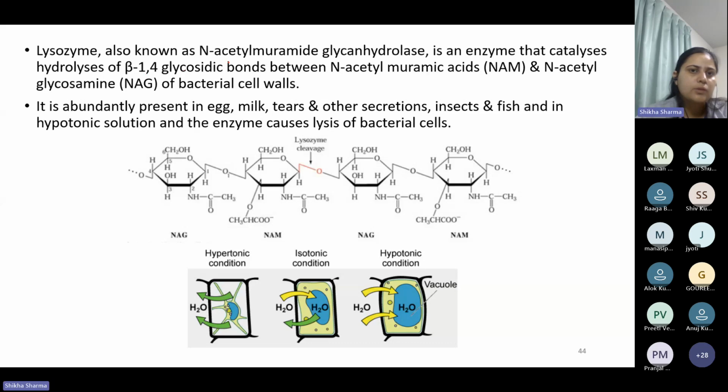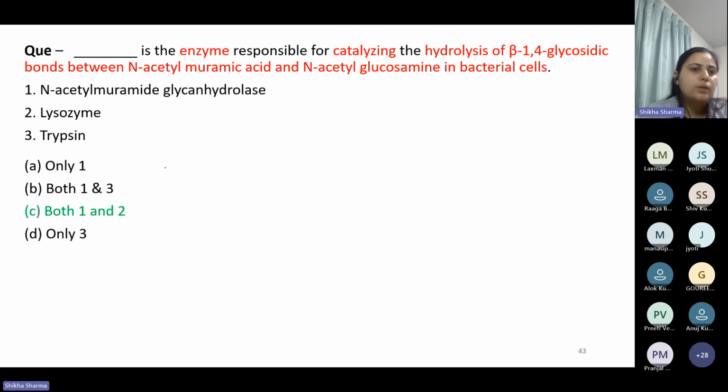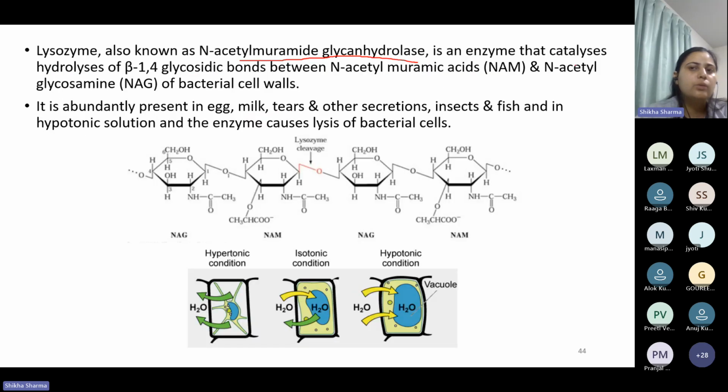Basically, lysozyme is also known as N-acetyl muramide glycan hydrolase. So these two enzymes are the same. First and two are the same enzyme, catalyzing the hydrolysis of the beta 1,4 glucosidic bond between N-acetyl muramic acid, known as NAM, and N-acetyl glucosamine, NAG, of the bacterial cell walls.